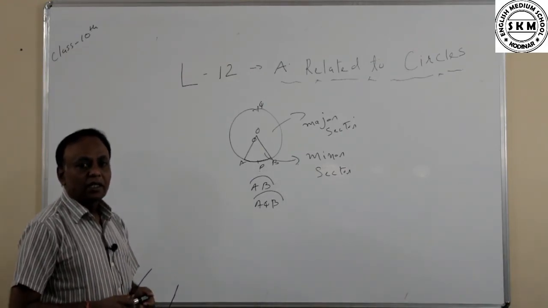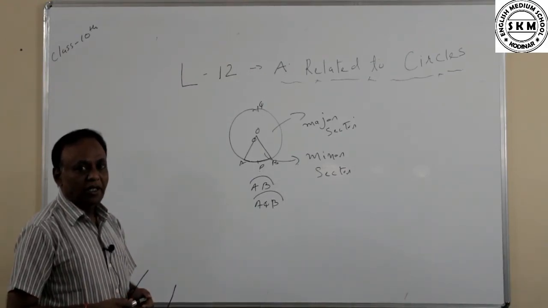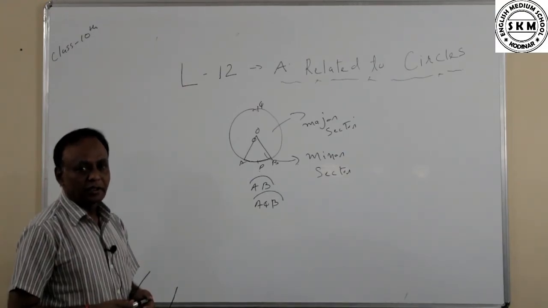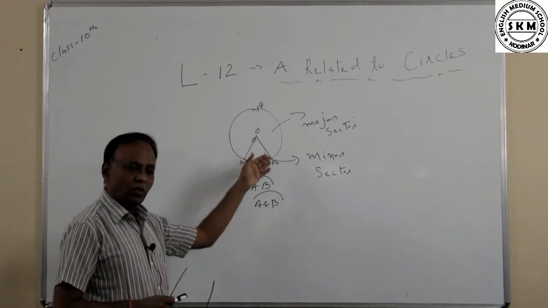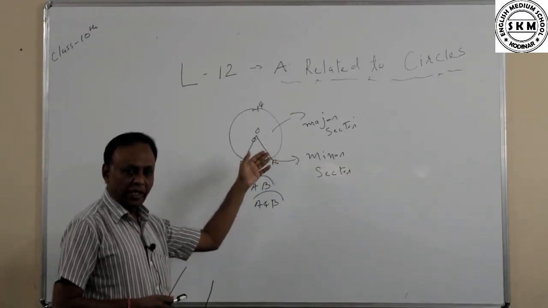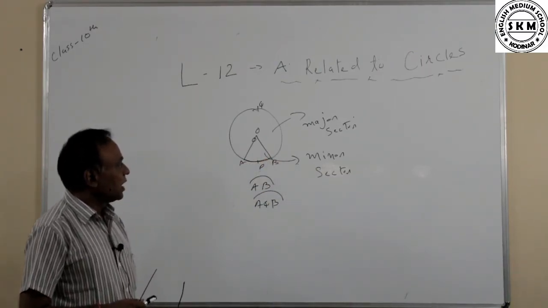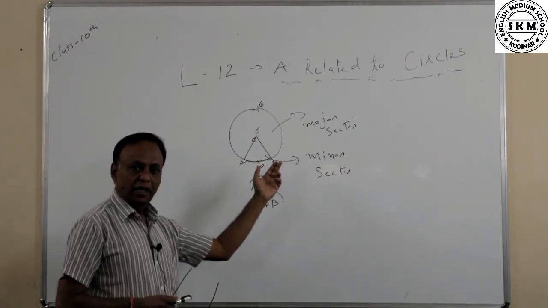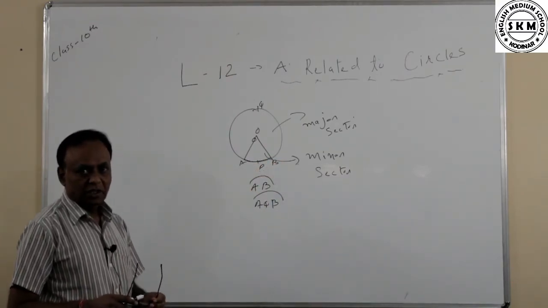There is the area bounded by the radii. Here OA and OB are the radii, and arc AB.